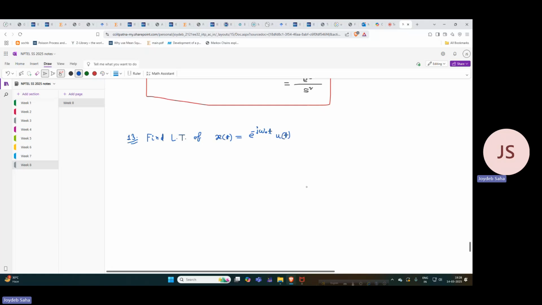Okay, so the question is find the Laplace transform of x(t) is equal to e to the power minus j omega 0 t u of t. Find the Laplace transform. Take 1-2 more minutes and try to solve it.